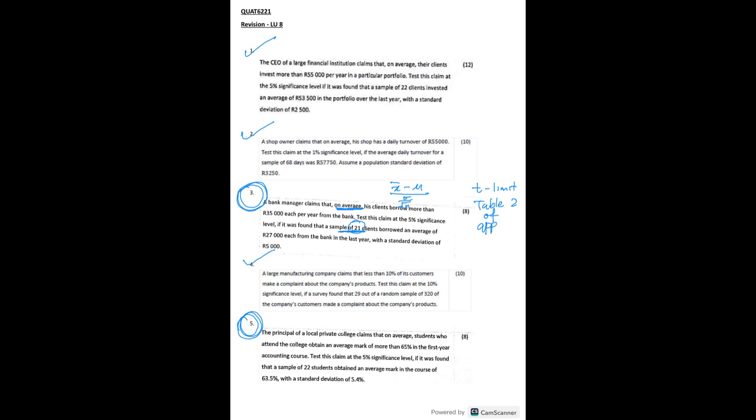Then here for number 5, because you also have an average, you are also working with the x bar minus mu over the standard deviation over the root of n. This is also a sample size of 22, so also the same thing applies. T limit from table 2 of the appendix. You need A, which is your level of significance. You need your degrees of freedom, which is calculated as n minus 1.